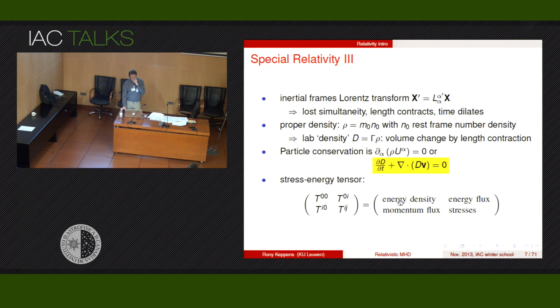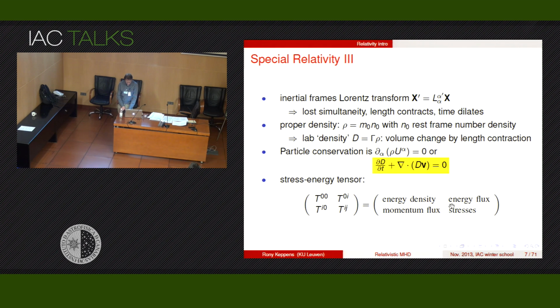So in the fully temporal part of the stress energy tensor, that should be an energy density, okay? In those off-diagonal components, that should be, respectively, energy and momentum flux. And in the spatial part, these things are stresses, okay?